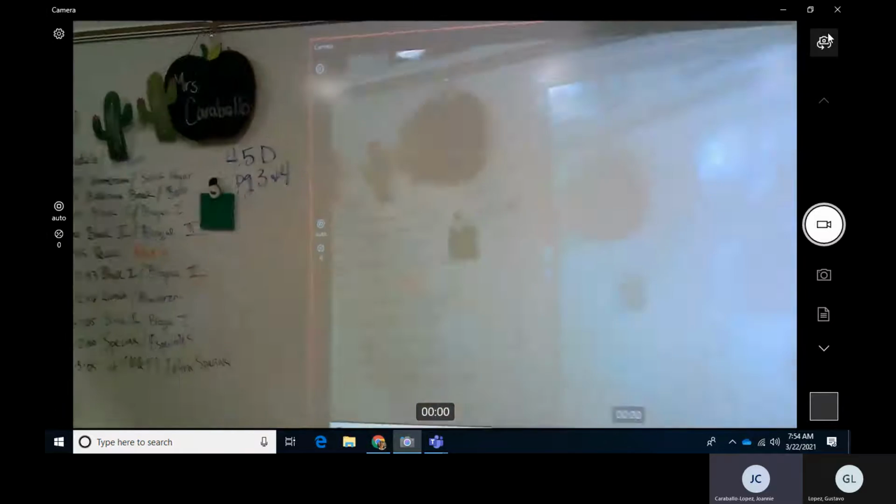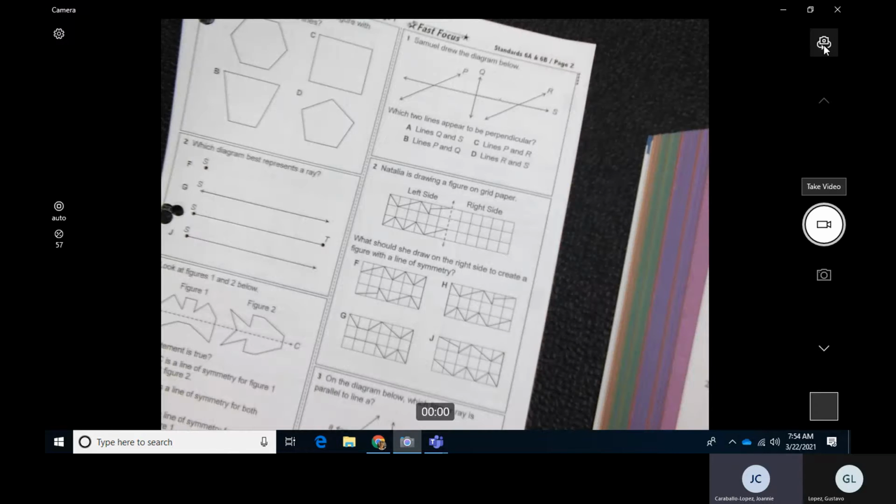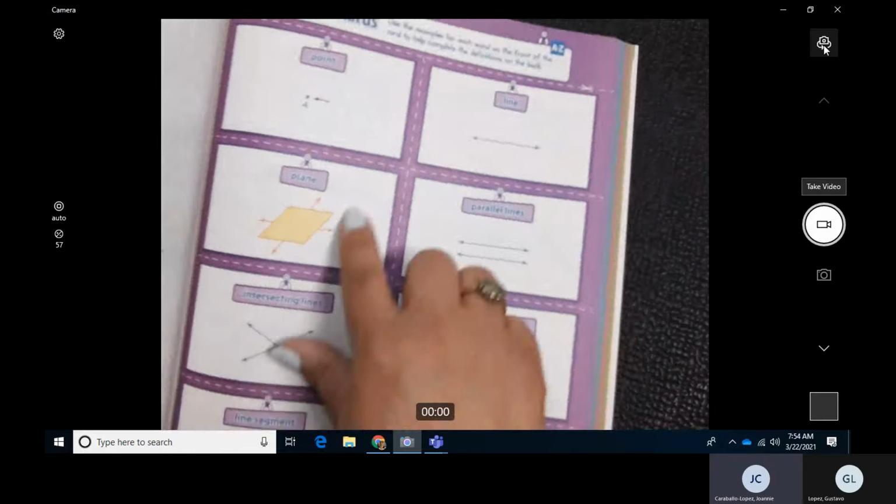All right. So let's go ahead and go to page 753 really quickly, and I'm going to show it to my friends that are online. So on page 753 of your Envision book, you have your word cards.